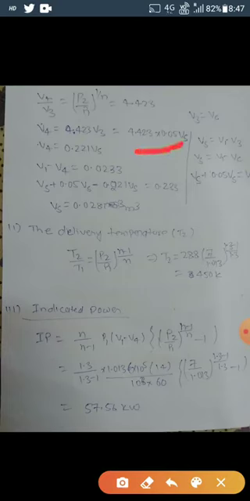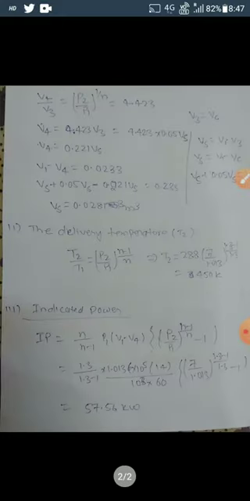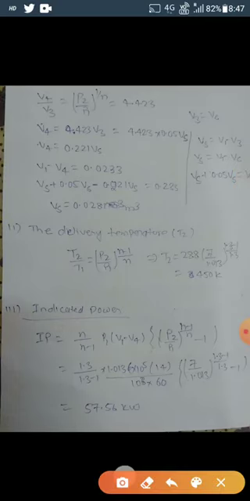So V4 is 0.221 Vs. V1 is Vs plus 0.05 Vs, and V1 minus V4 is 0.023, which gives 0.021 Vs. So you can find Vs is 0.0281 meter cube.